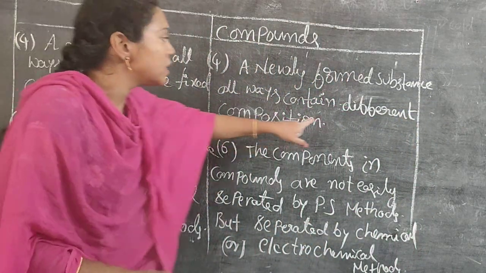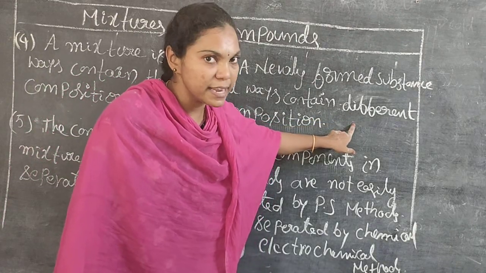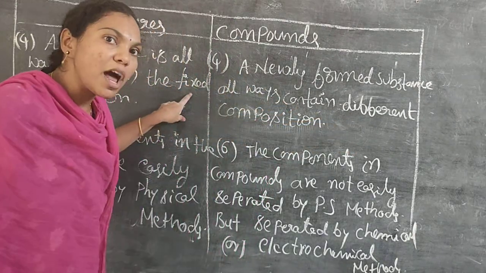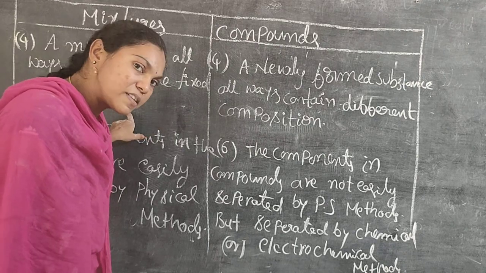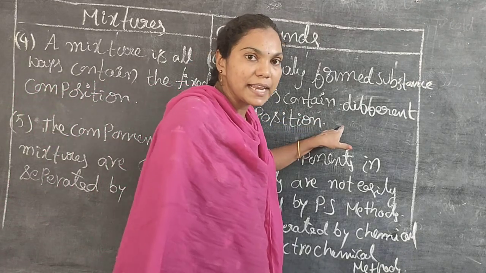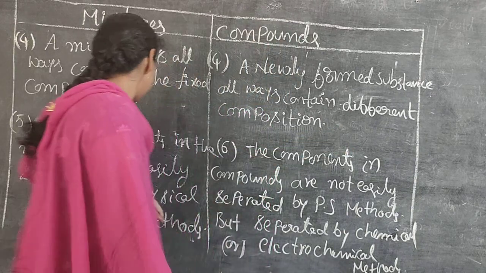Here fixed composition, here different composition. There is no similarity here. But here always fixed composition. Here the mixture always contains the fixed composition. Here the compounds contain different compositions.